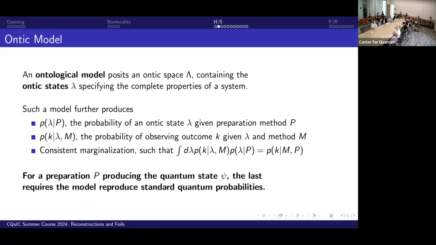This last thing is just saying that, regardless of how we're parameterizing our true state of the system with this context space, we at least have to reproduce standard quantum probabilities. Okay.